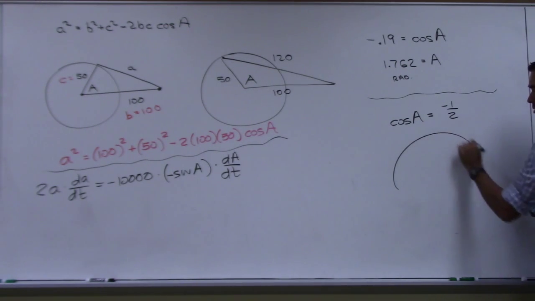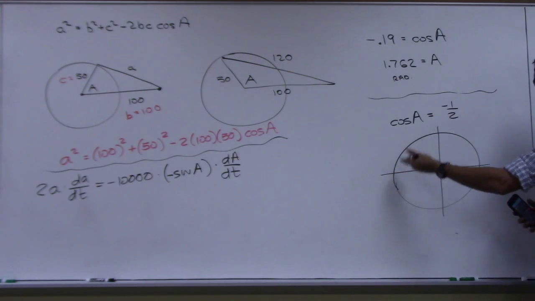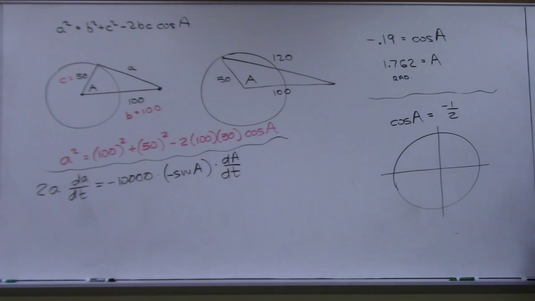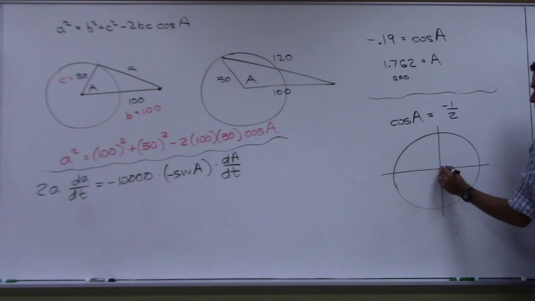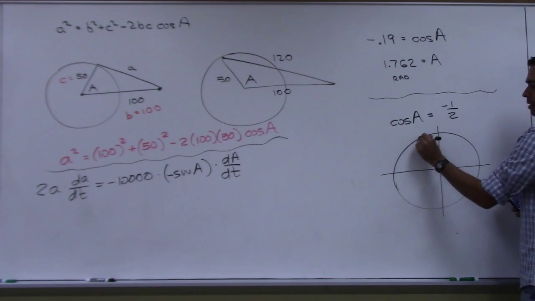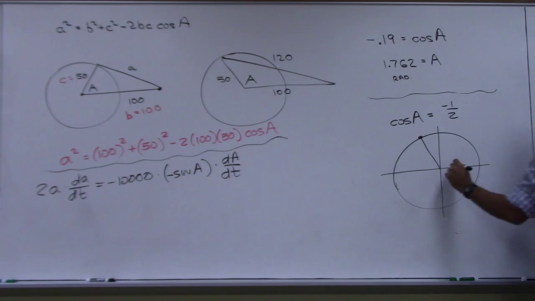If you go to your unit circle, the x-coordinates are your cosines, right? Where on the unit circle do you get an x-coordinate of negative 1/2? Second quadrant? It'd be right up there, wouldn't it? What angle is that?